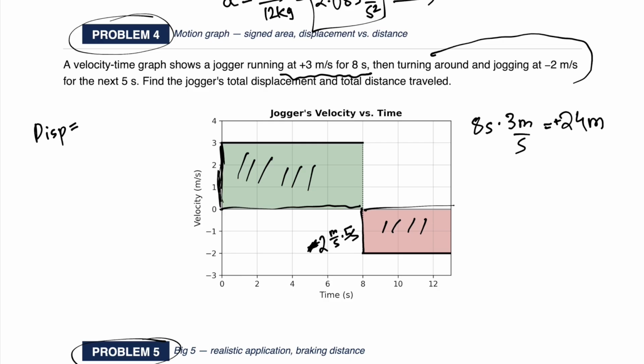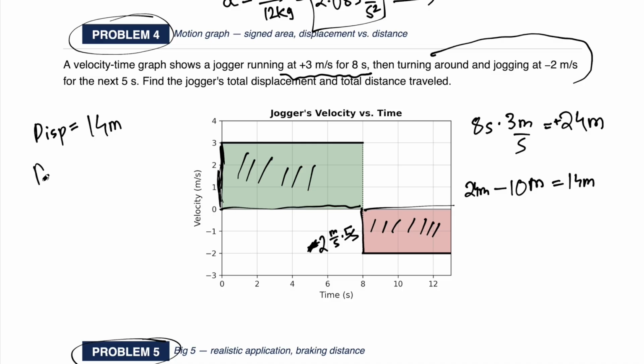Just imagine any area under the x-axis is negative. So this is going to be -10 meters per second times seconds, so just -10 meters. 24 meters minus 10 meters is 14 meters. That's our displacement, because you add the positive and the negative. You add the signed areas.